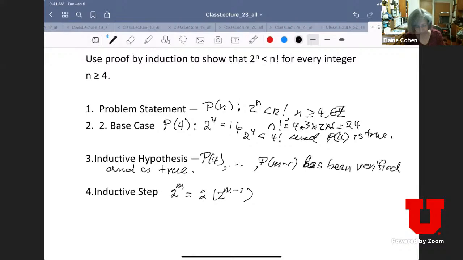Now, what do we know about 2 times 2 to the m minus 1? Well, in particular, what do we know about 2 to the m minus 1? We know that the 2 can stay there, but I know that that's strictly less than m minus 1 factorial.